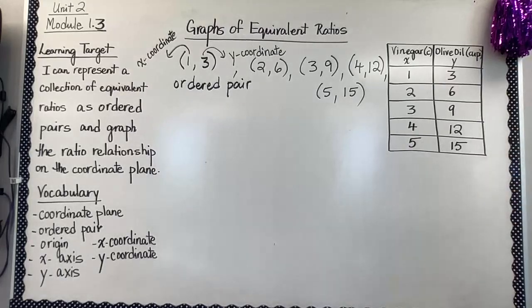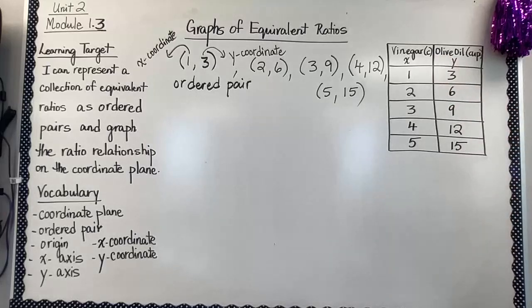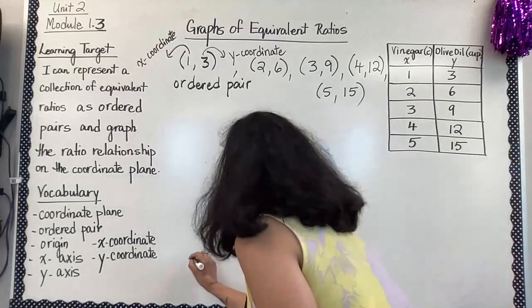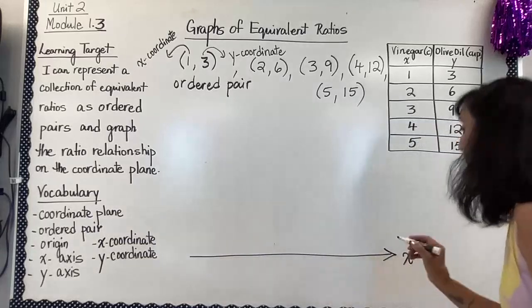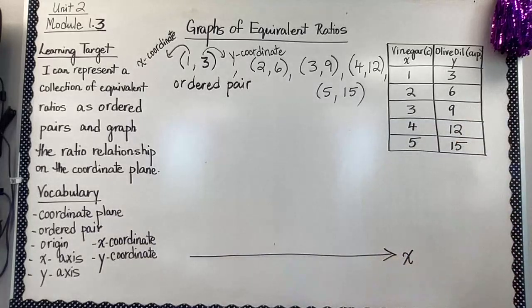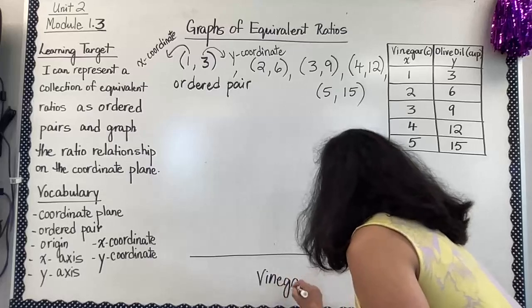And to graph a point, what do we do? We start at the origin, and then we move right along the x-axis the number of units indicated by the x coordinate. So let's start a graph first. We have salad dressing. We know that x is vinegar, so I am going to make the x-axis in this horizontal direction, and these are the cups of vinegar.